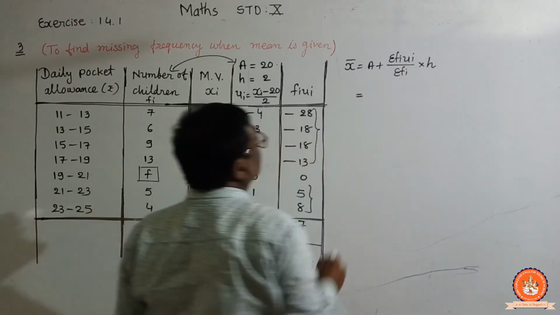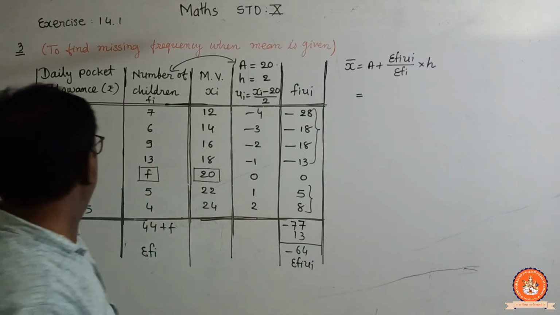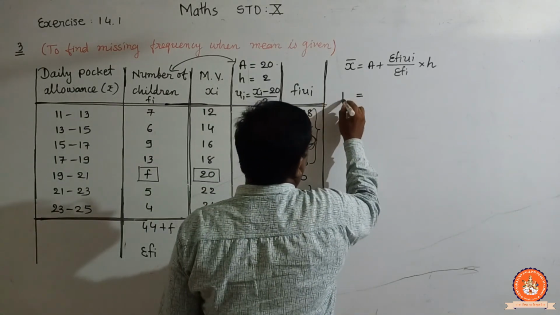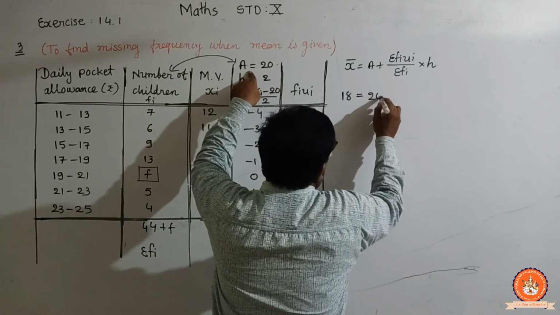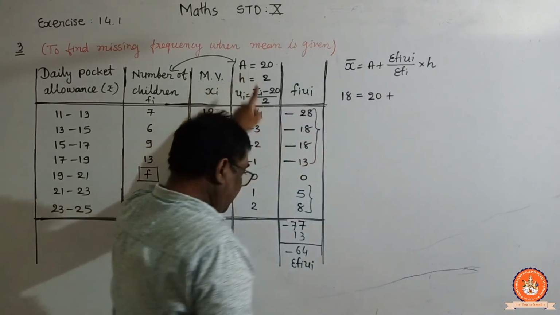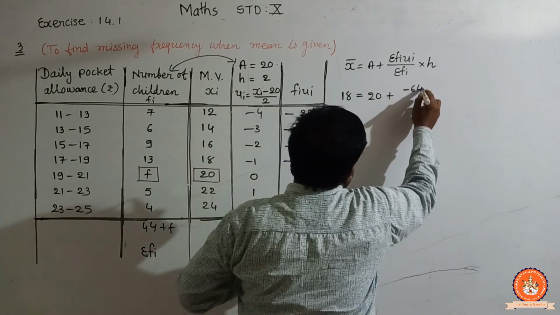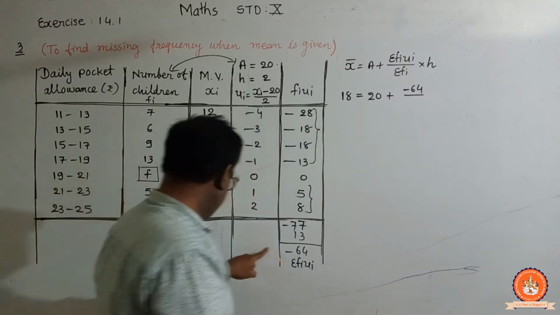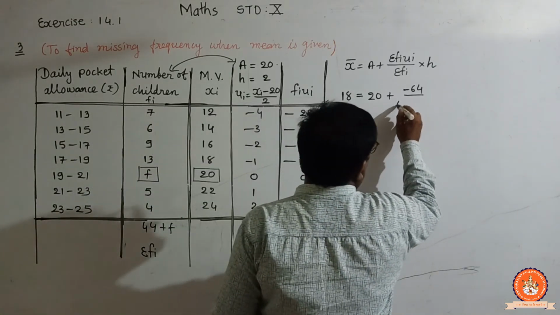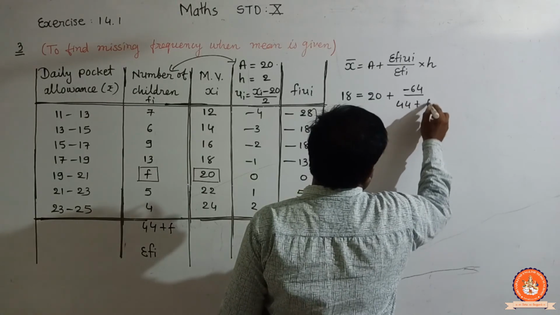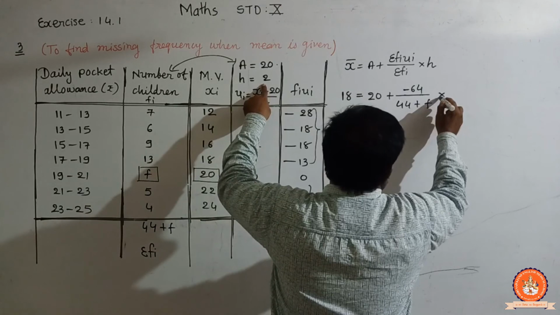As usual, see the value of mean has been given, it is rupees 18. So 18 is equal to 20 plus sigma fi ui, minus 64, divided by sigma fi, that is 44 plus f, into h, and h is 2.